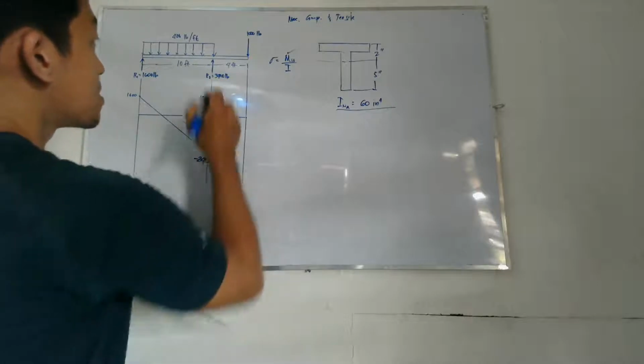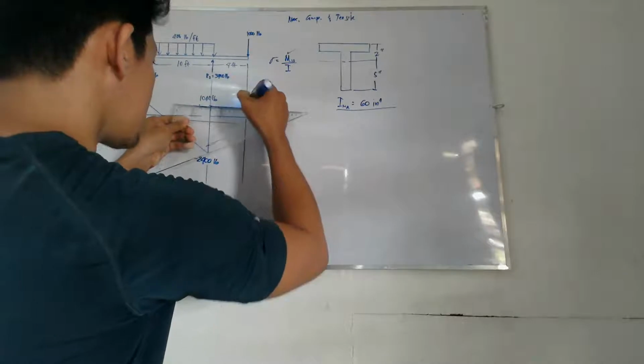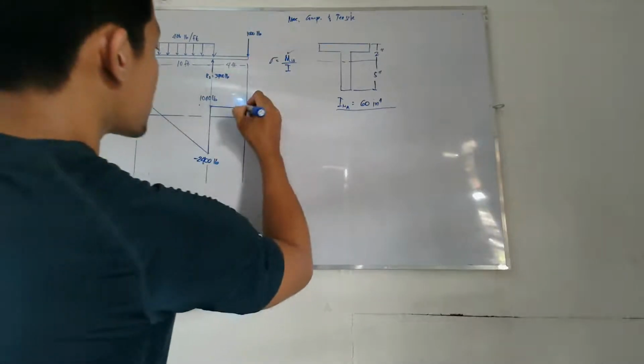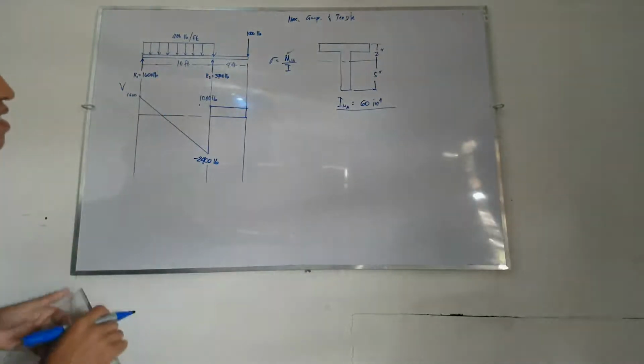Okay. Walay loading diha. Now, go 1,000. Okay. This is the shear diagram.